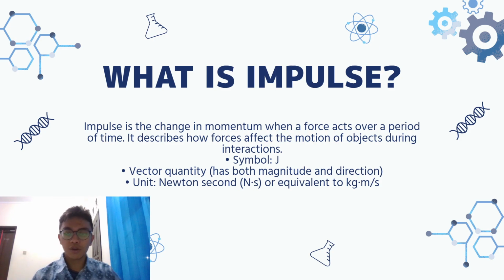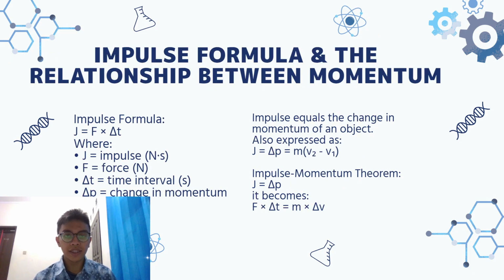The unit for impulse is Newton second, which is equivalent to kilogram meter per second. Now here is the impulse formula and its relationship with momentum.